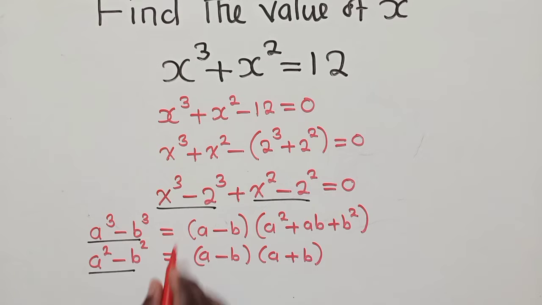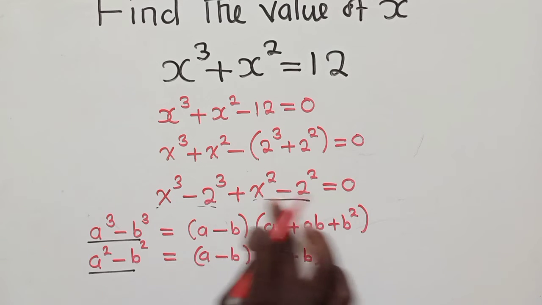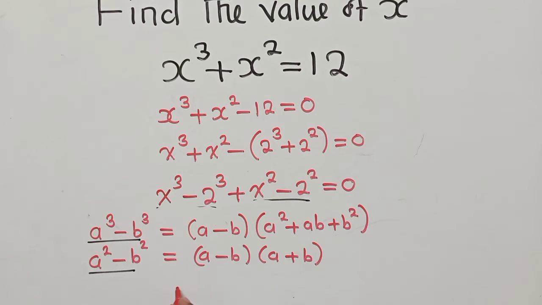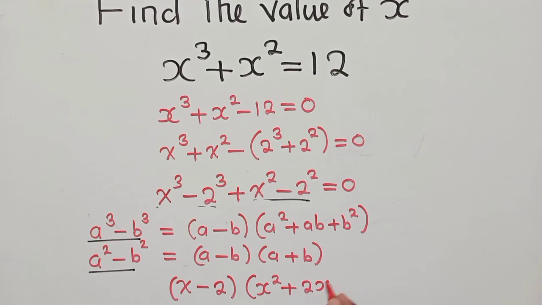So if I substitute it, for this part I shall have x minus 2, in brackets, and here I shall have x power 2 plus 2x plus 4.